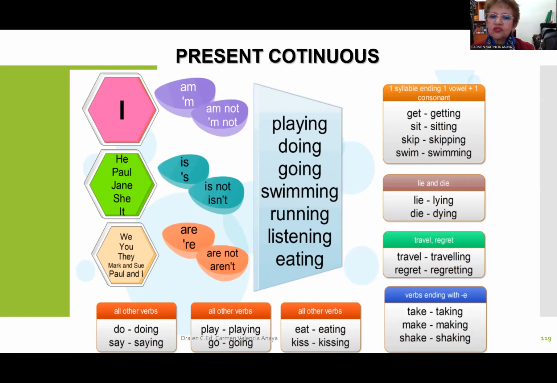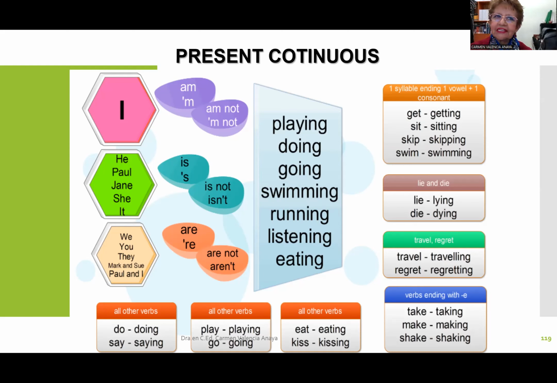Okay, look at this one. There are some exceptions. In the case of getting, you are going to add a double consonant. For example, getting with a double consonant, sitting, skipping, and swimming with a double consonant, like in the orange square.